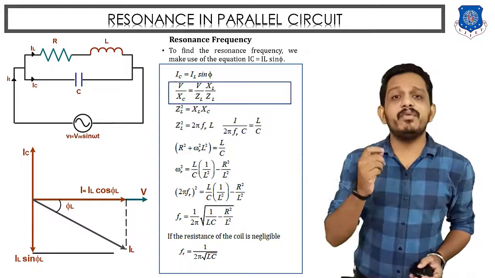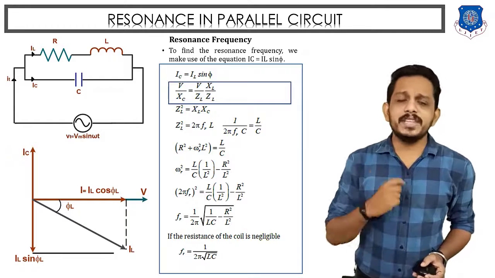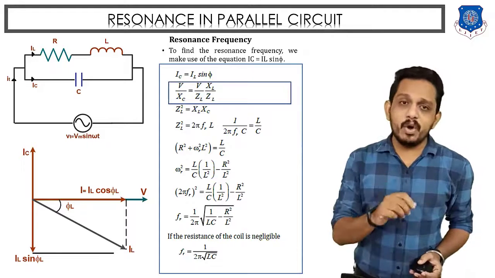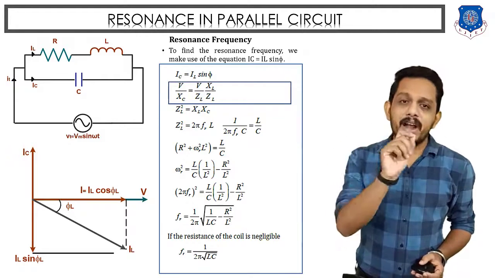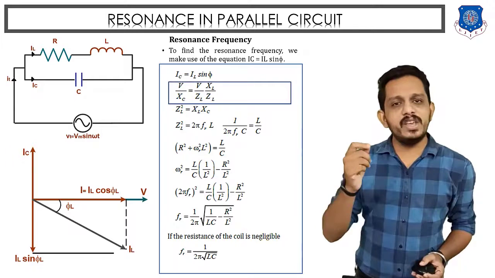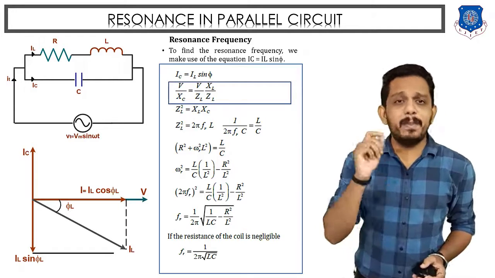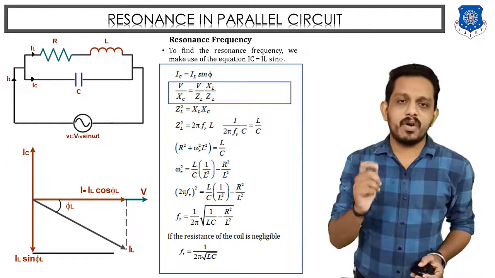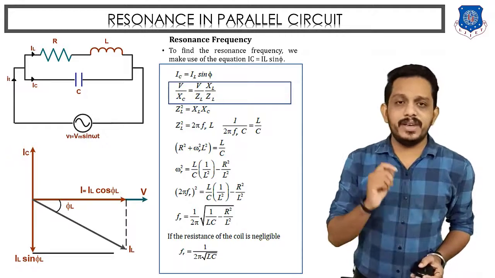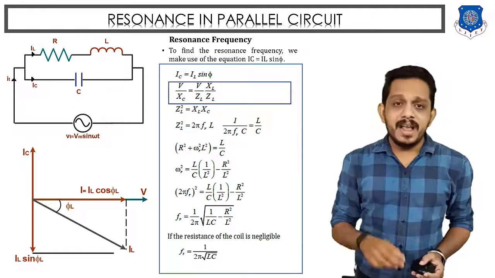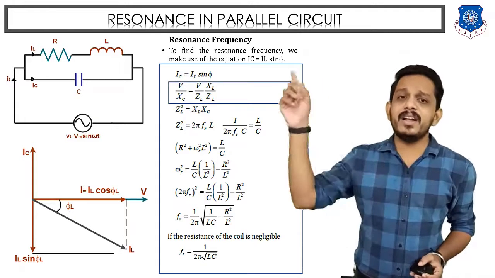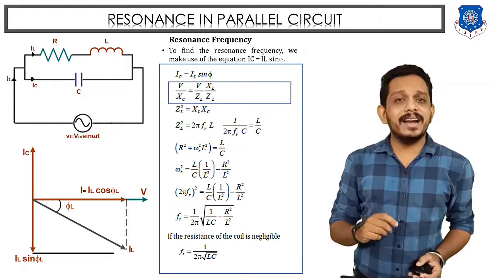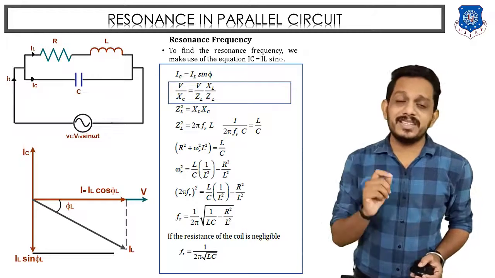IL is nothing but V upon Z, because you cannot put V upon XL, because in the first branch there is a resistor and also an inductor, so you have to put V upon Z. And in place of sin phi, we know that cos phi is always resistance upon impedance, but sin phi is always reactance upon impedance, and this sin phi is only related to the first branch. So the reactance of the first branch is XL and the impedance of the first branch is ZL.